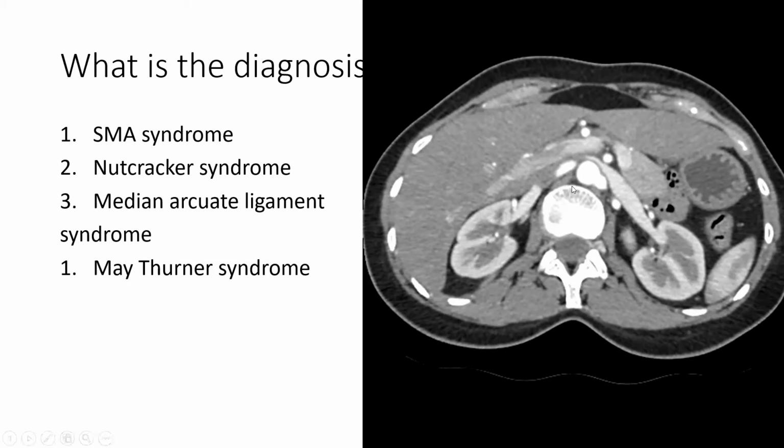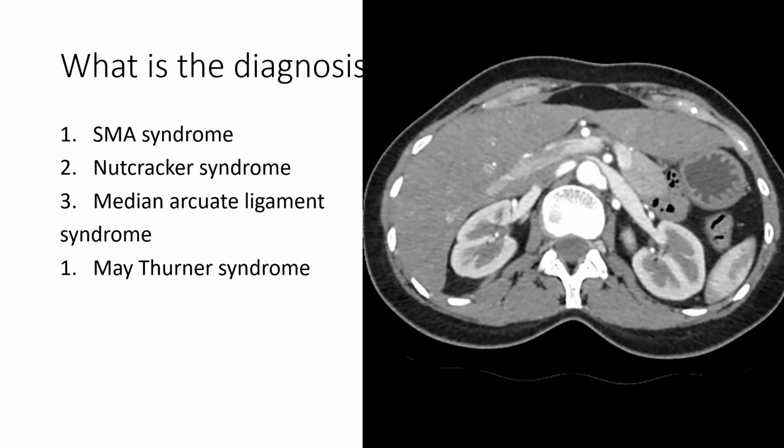What we see is that there's compression of the left renal vein between the superior mesenteric artery and aorta, right? This is nutcracker syndrome.